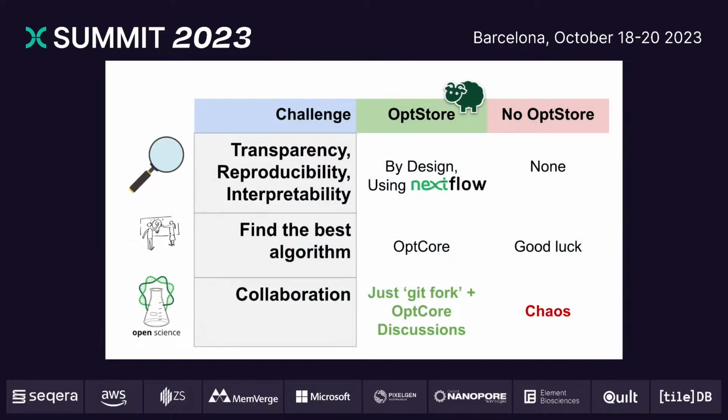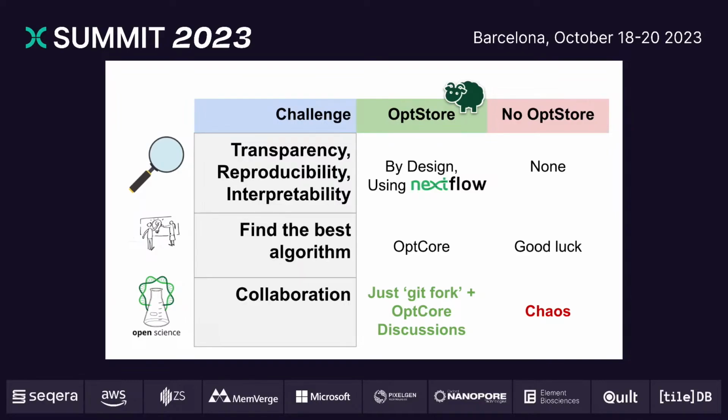Of course, because these are Nextflow pipelines, we can do all kinds of interesting things. First of all, they are reproducible and transparent because you just go into the Git repository, and if you download it and have the same container, it will always give you the same result. Then with the OptCore forum, you can discuss these efficiently.